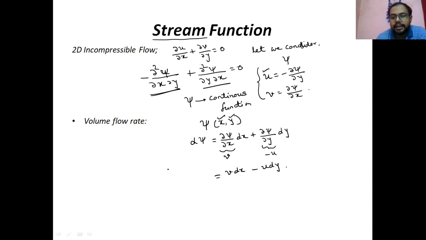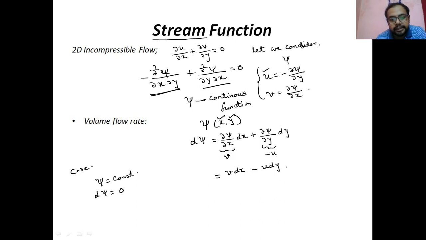Now, where is this function constant, with no change? Consider psi to be a constant, so d psi is equal to 0. That means v dx minus u dy is equal to 0 under this condition.